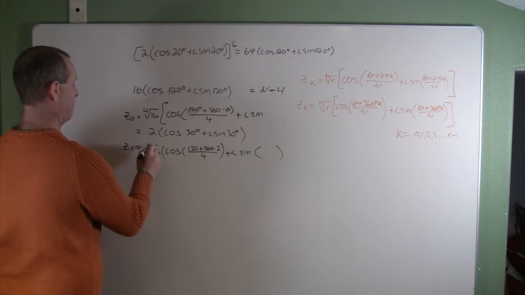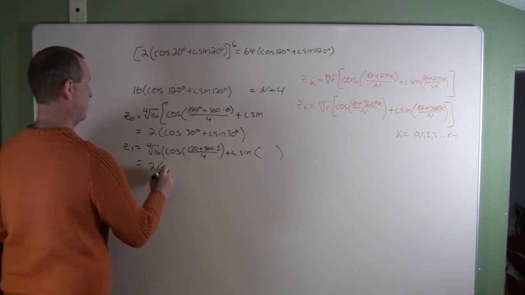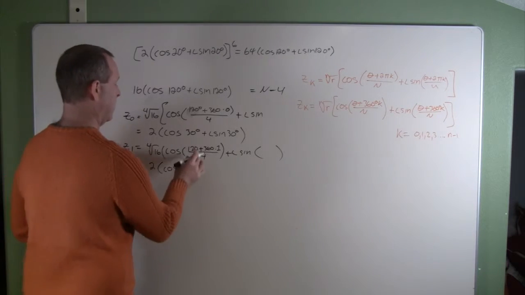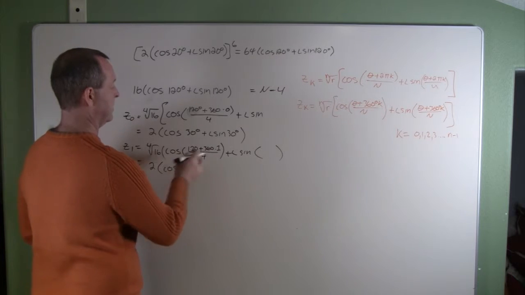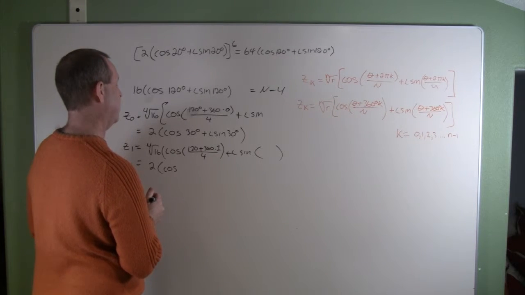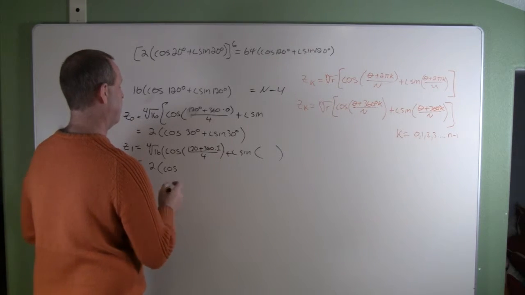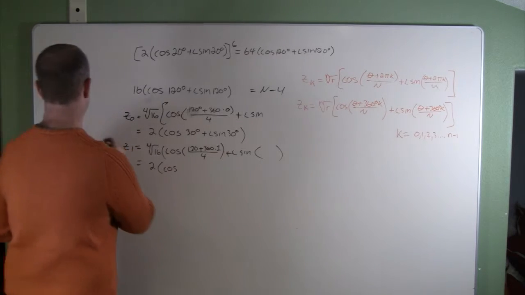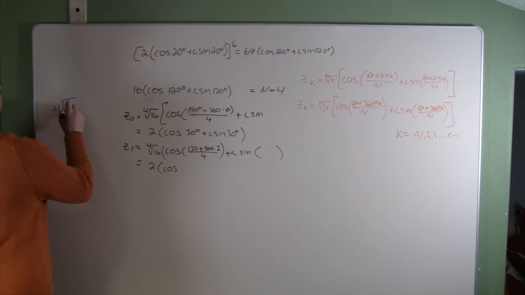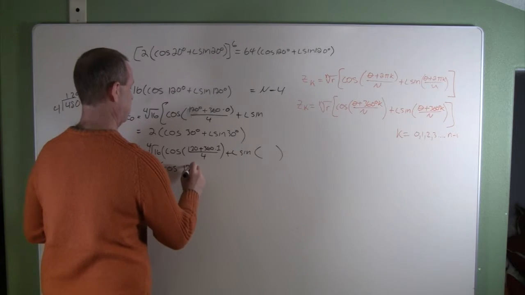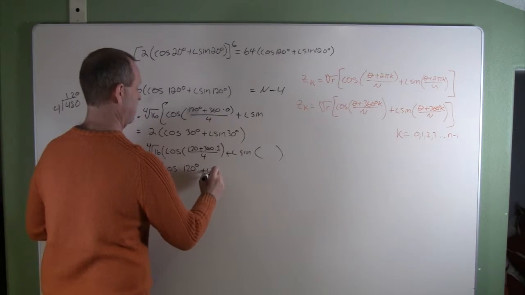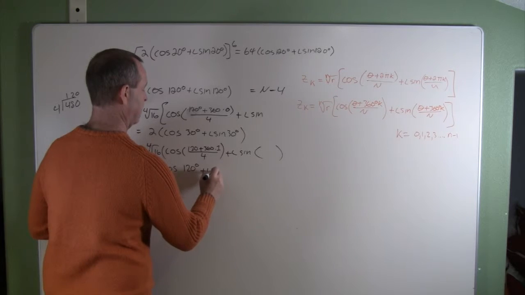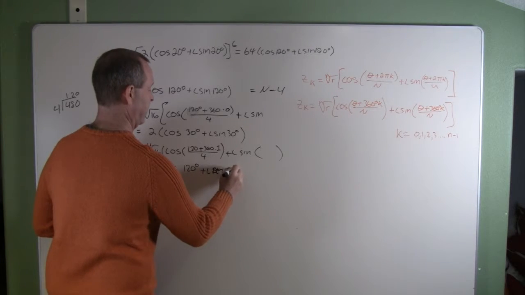So the fourth root of 16 is 2, cosine of 120 plus 360 times 1 gives me 480, 480 divided by 4 is 120 degrees, plus i sine 120 degrees.